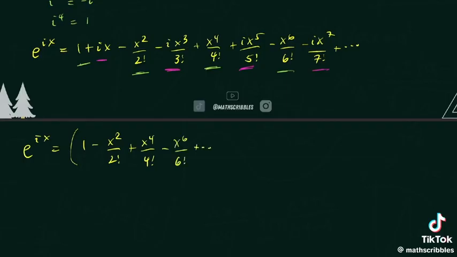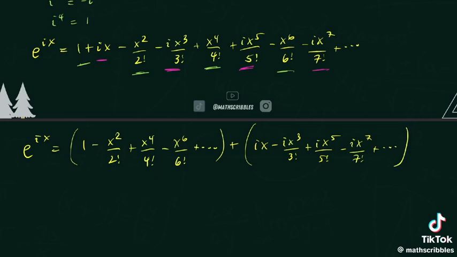You're going to notice that these are all the even powers. Plus, and now we have ix minus ix to the third over 3 factorial plus ix to the fifth over 5 factorial minus ix to the seventh over 7 factorial, and this continues on and on. And once again, these are the odd exponents.